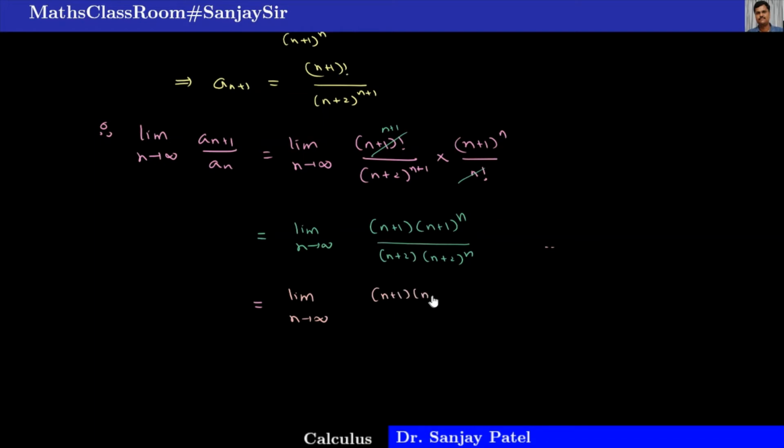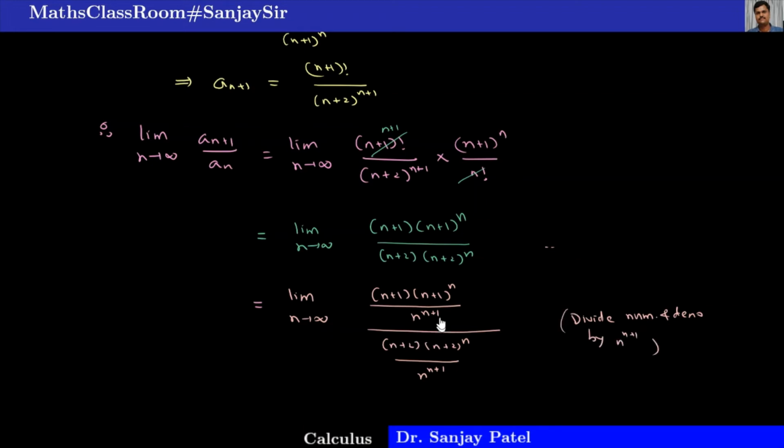So I am dividing numerator and denominator, every term, by n raised to n plus 1.